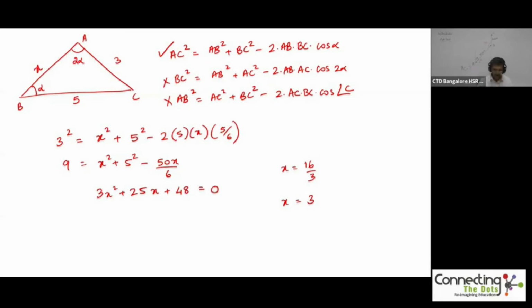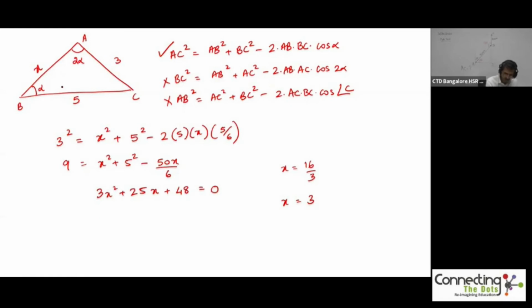Now, if we use 3, then it would imply that ABC is an isosceles triangle, right? And you will find that 3 is not a suitable solution because the angles will not be in the ratio alpha to 2 alpha. Let's think this through.